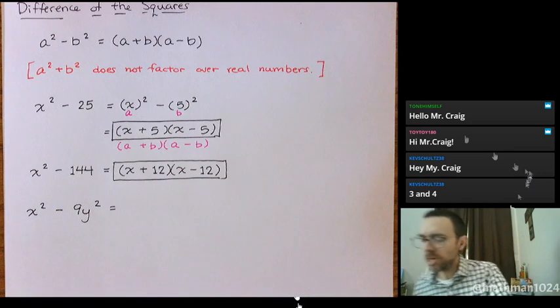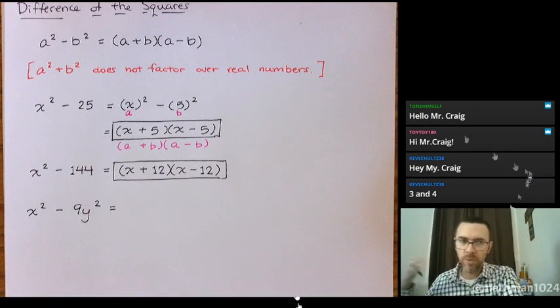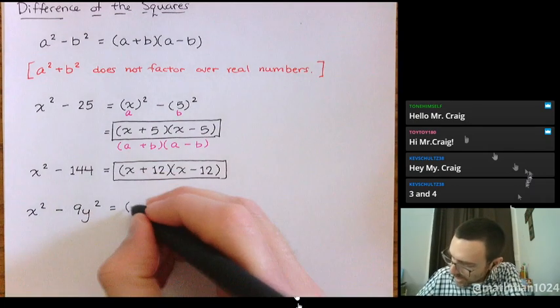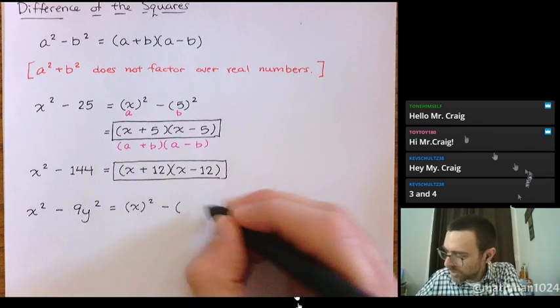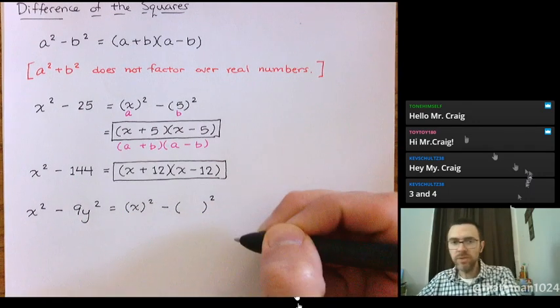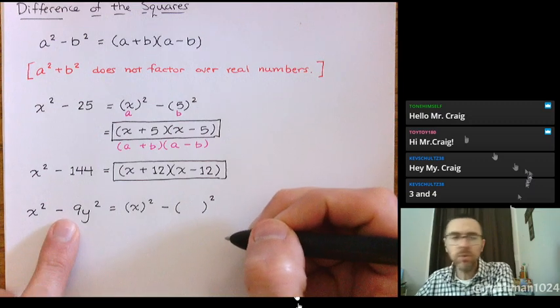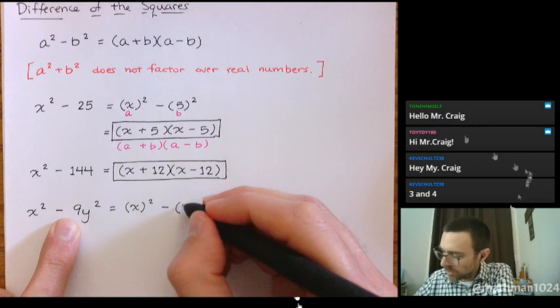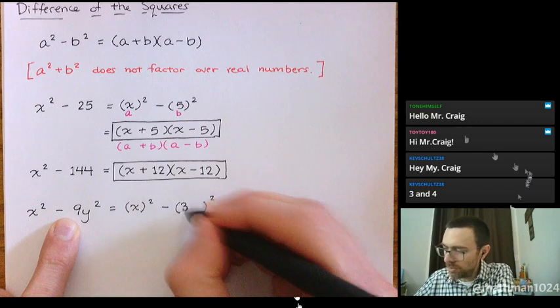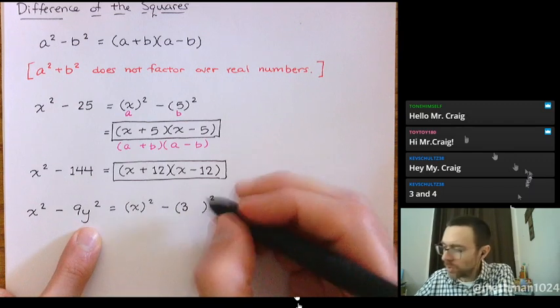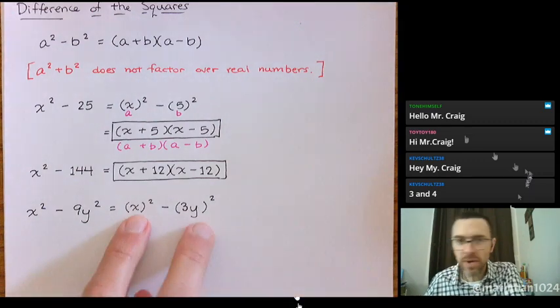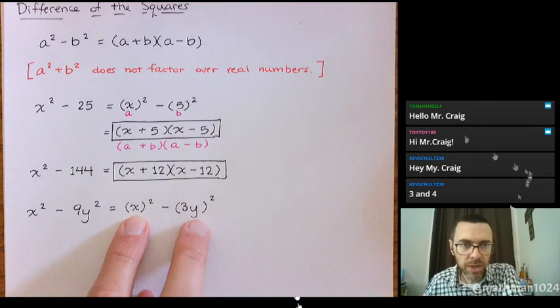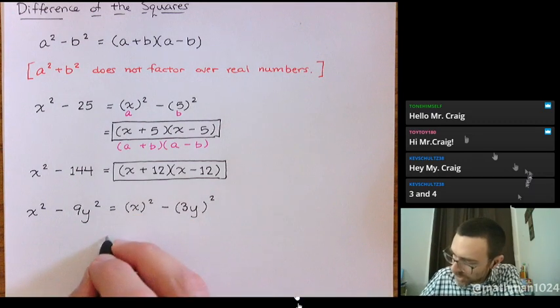So if you have a hard time when these expressions get a little more complicated, you can take time to rewrite this to say this is x squared minus, what would you square to get each of these pieces? Like what do we square to get 9? We would have squared 3. And what do we square to get y squared? Y. And so it's these guys right here, the a and the b, that we use to complete our factorization.